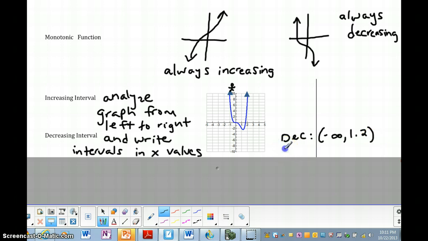At that same point, 1.2, our increasing would start. Our graph would then have an increasing slope here, and it would continue all the way up to positive infinity, because this arrow means it is going to the right forever. So our x value on the right end of our graph would be positive infinity.